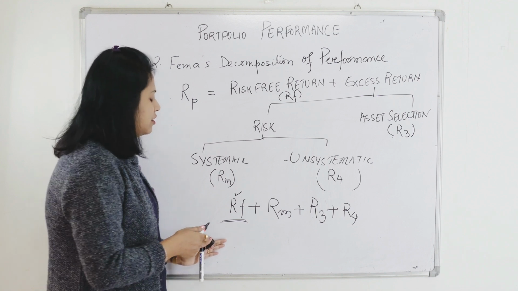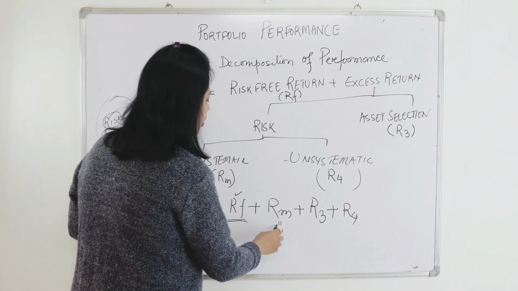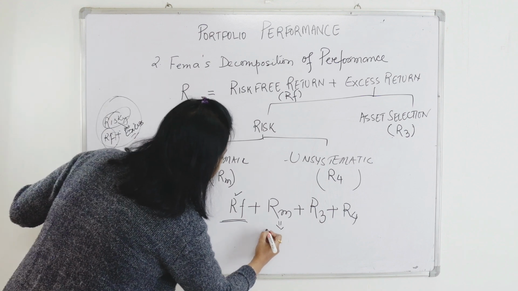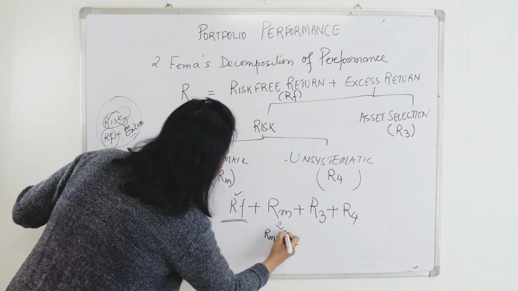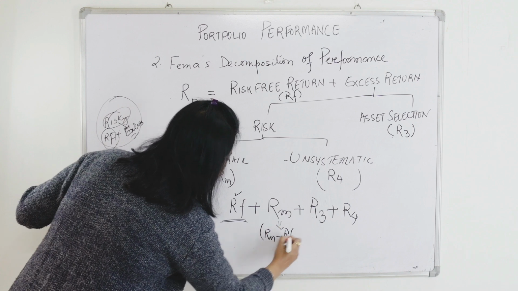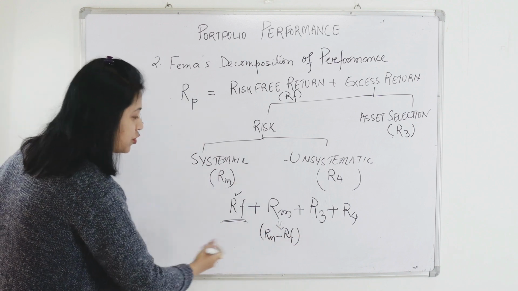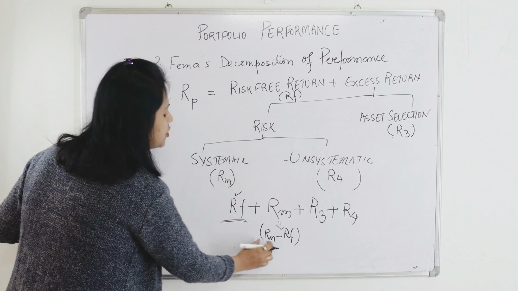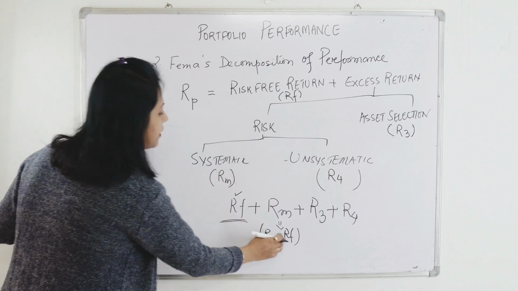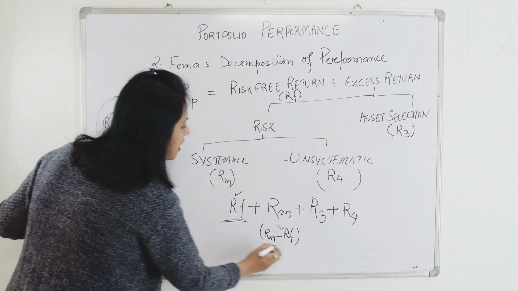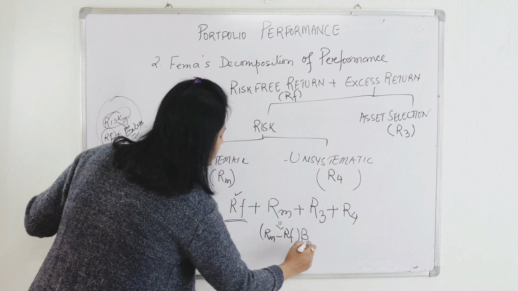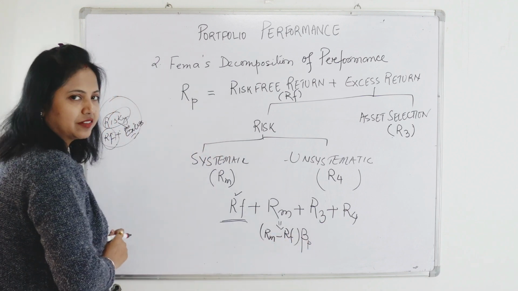Now coming to the market return, you already know what the market return is. So it is RM minus RF, because you must get something more since you have taken some systematic risk. How much more is the difference between what you get from the market and your risk-free return, and you multiply that by the beta of your portfolio, then you get your market risk.